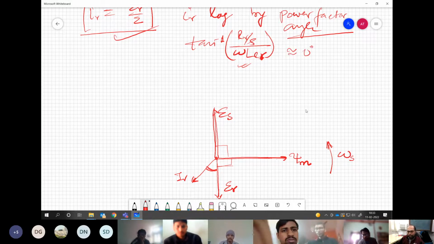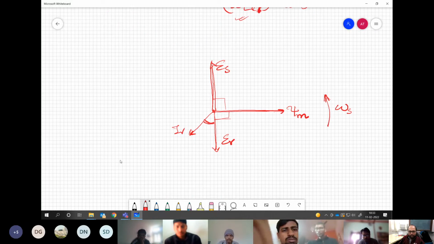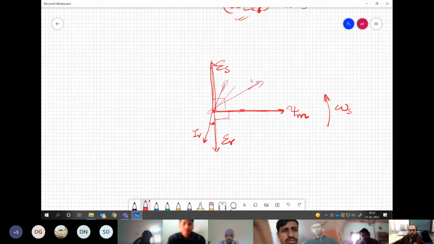So many times the rotor current will be almost in phase with ER. Somewhere here it will be, very close to 0. This is how we draw our phasor, right? Then we have IM and IR, these two generating IS, and this becomes our VS.